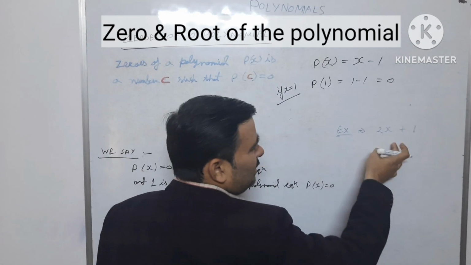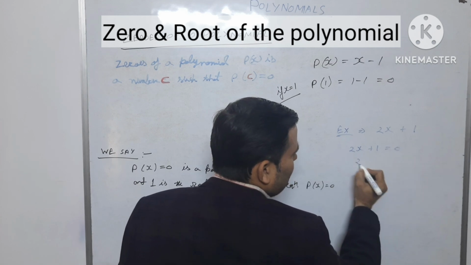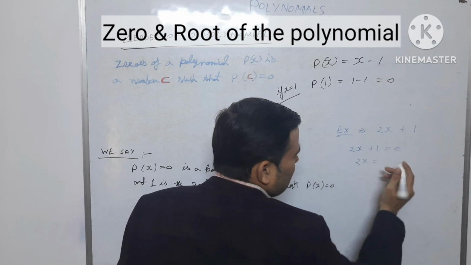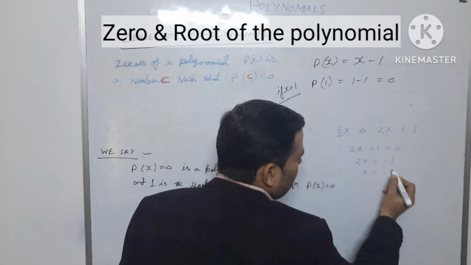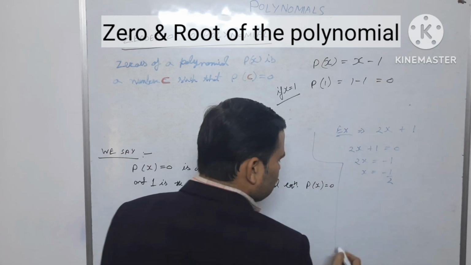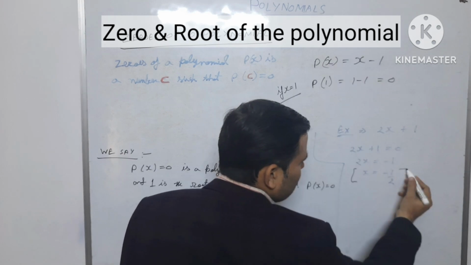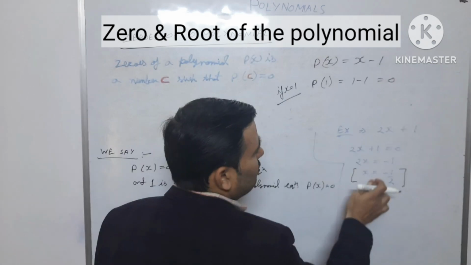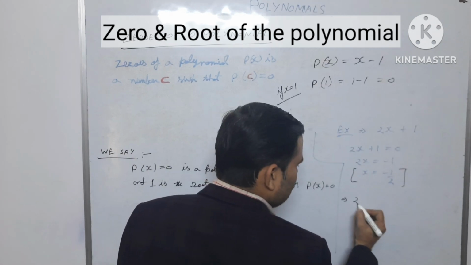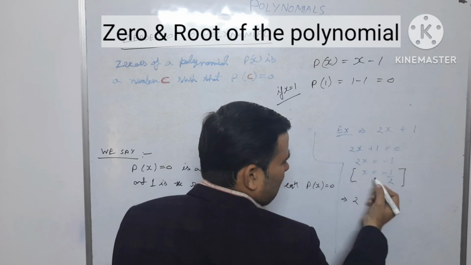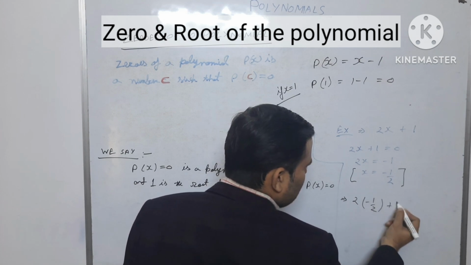That value that converts the whole polynomial into 0 is known as the root of that polynomial. Now if we want to find the value of x, we write 2x plus 1 is equal to 0, so 2x is equal to minus 1, and x is equal to minus 1 by 2. If we put this value in the equation, we will get 0. Let's prove that. Put x is equal to minus 1 by 2 in place of x: 2 times minus 1 by 2 plus 1.